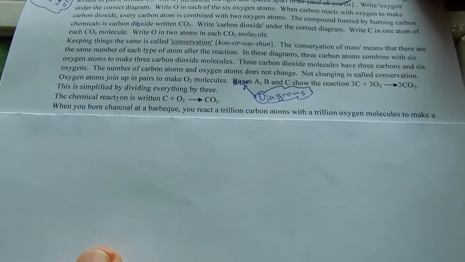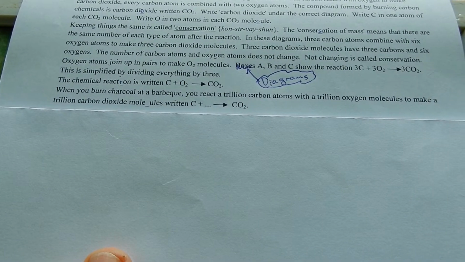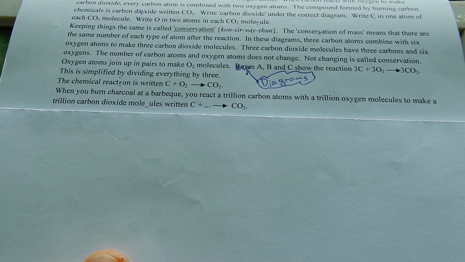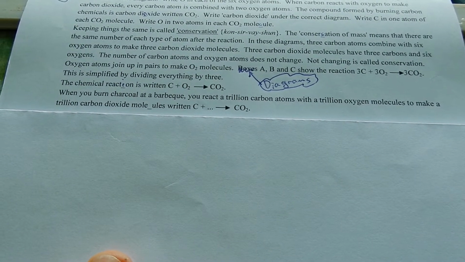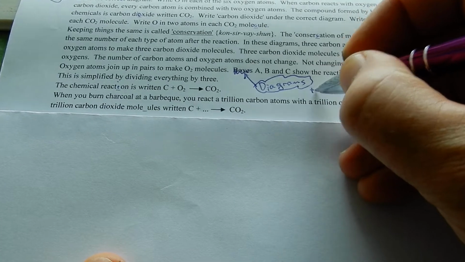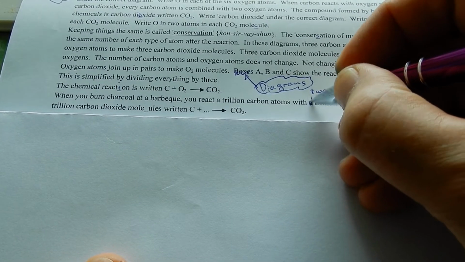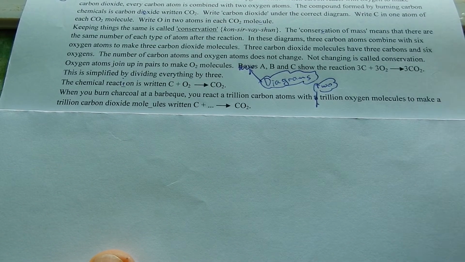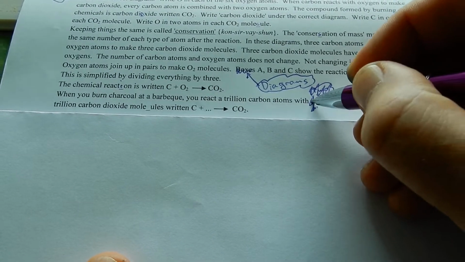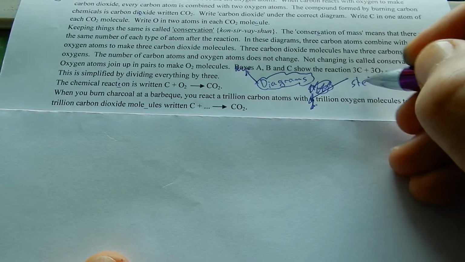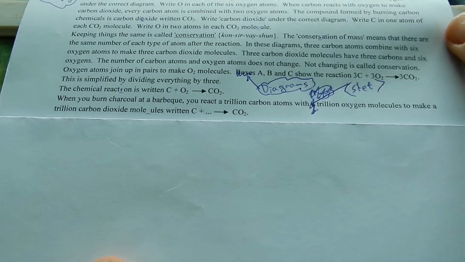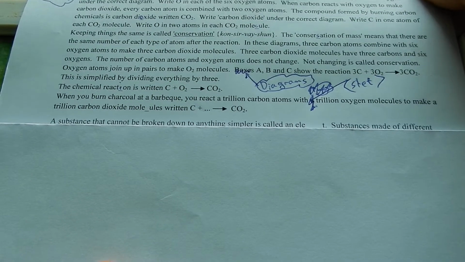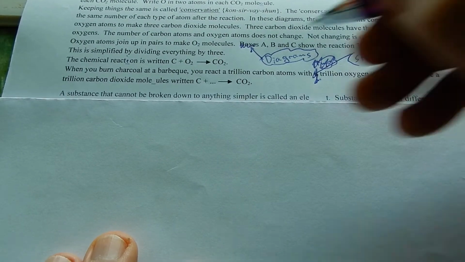When you burn charcoal at a barbecue, you react 1 trillion carbon atoms, or more, with 2 trillion oxygen atoms in 1 trillion oxygen molecules, to make 1 trillion carbon dioxide molecules.